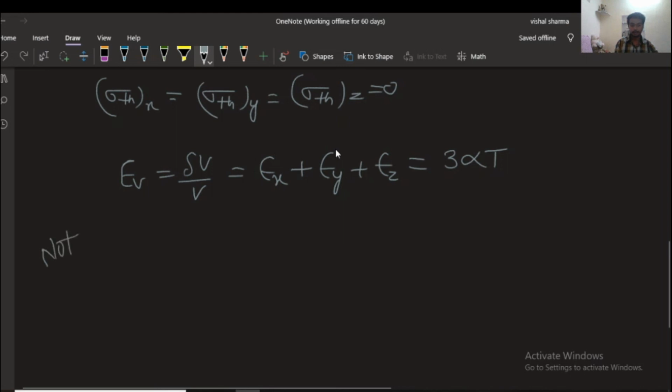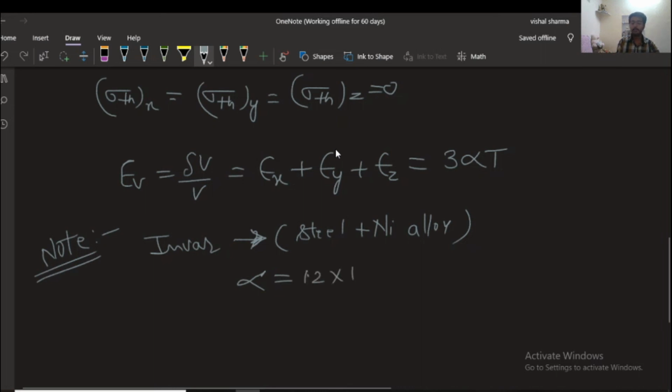Note this point, it is very important. There is a material called INVAR, which is made up of steel plus nickel alloy. Its coefficient of thermal expansion is equal to 1.2 into 10 to the power minus 6 per degree centigrade.